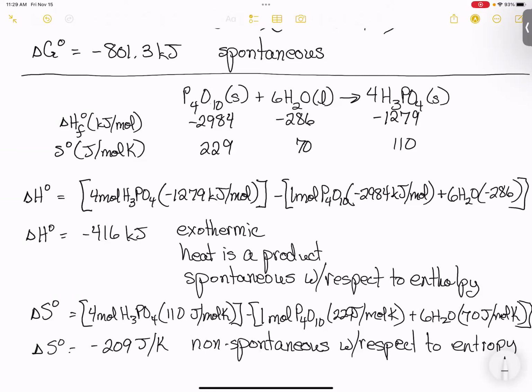But we can also have a negative and a negative, or a positive and a positive, and then you have the option. It may be spontaneous, or non-spontaneous, depending upon the environment, specifically temperature.